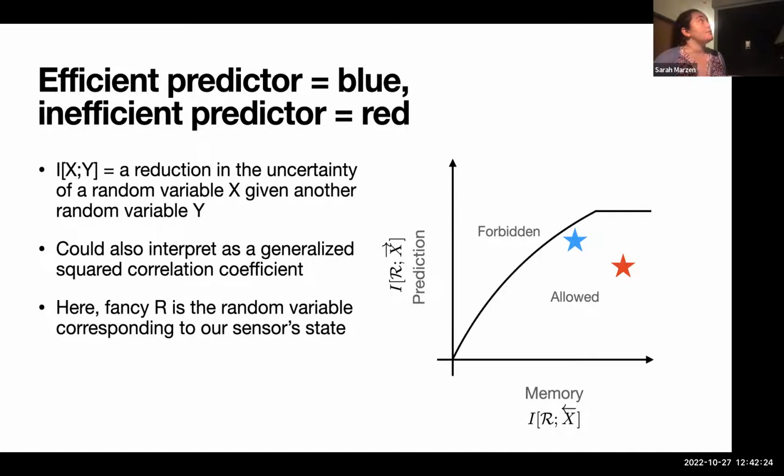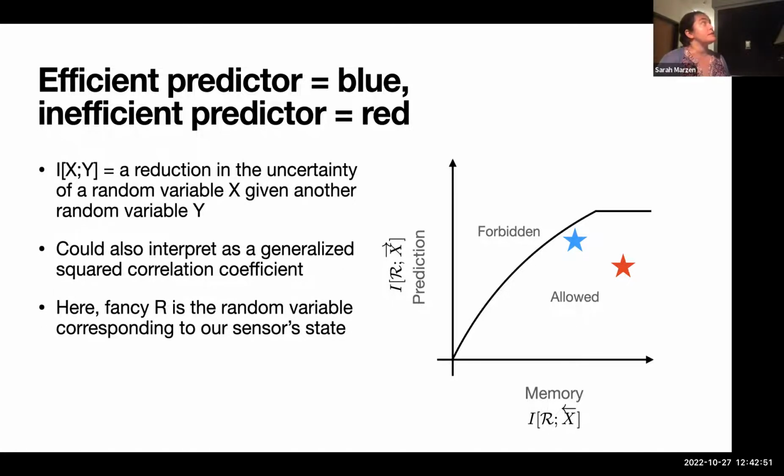So let's go into what memory is going to be quantified using and what prediction is going to be quantified using. And these are not, of course, the only ways to quantify memory and prediction, but they happen to be very conceptually nice and pretty useful. So what we're going to do is basically look at a generalized correlation coefficient between whatever our sensor is doing and the past of the input. So this X with a funny arrow over it is supposed to be the past of whatever you're seeing.